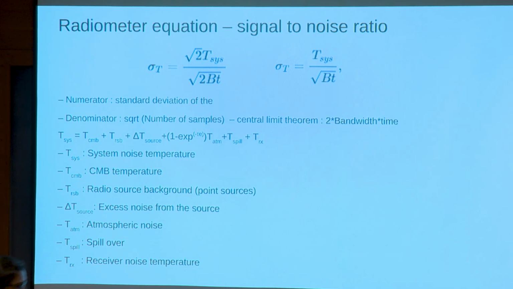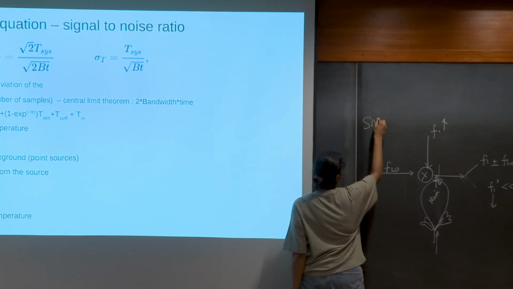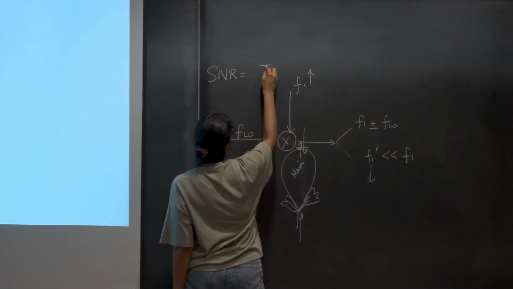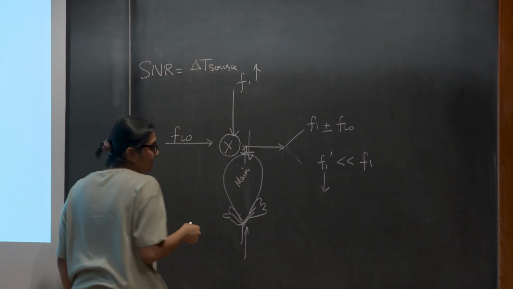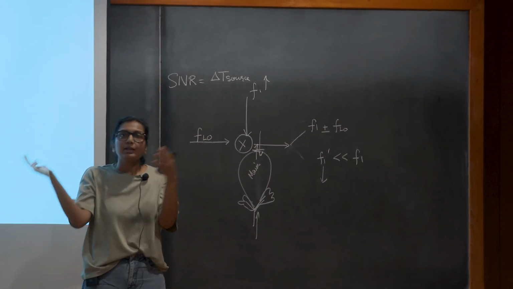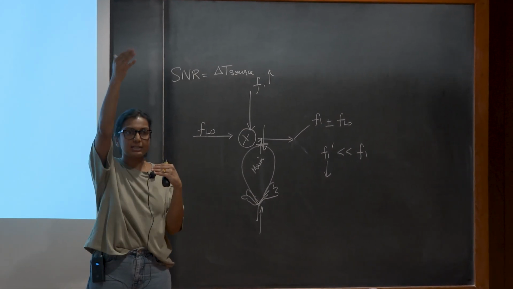So the final signal to noise ratio is equal to your T source that you're trying to measure. In my equation I've called it delta T source, because when you put a receiver on the sky and point it towards your source that you care about, the temperature goes up by a bit because there is a source there.